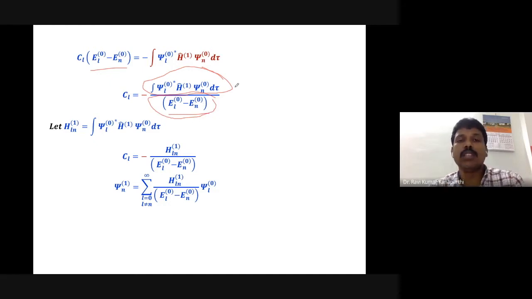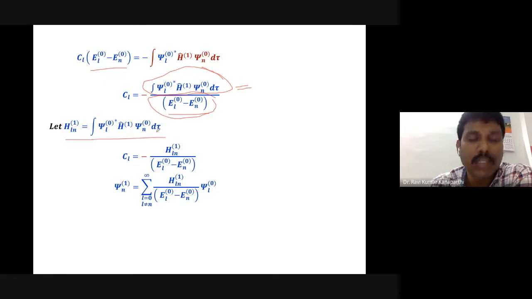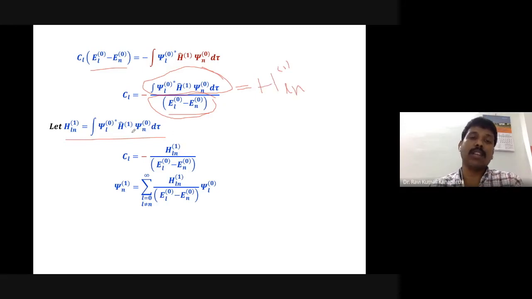As a shorthand notation, in bra-ket notation, people write this integral as the matrix element HLN. So this integral can be written in a shorthand notation like this.